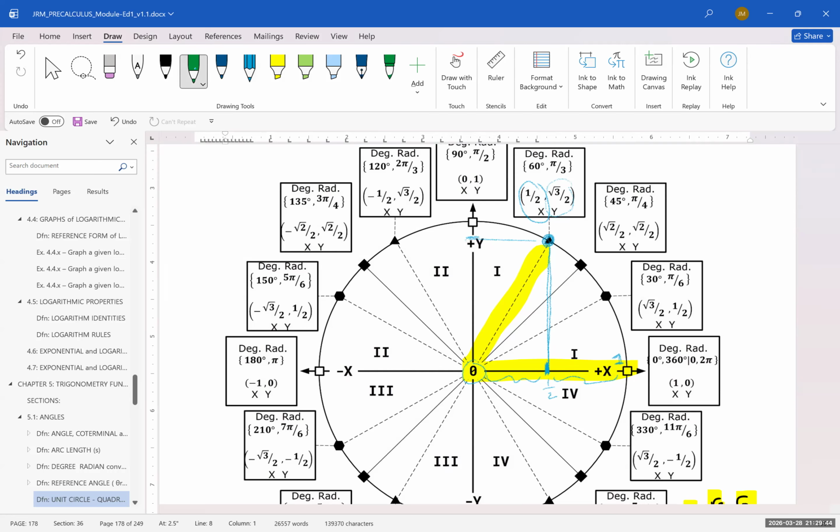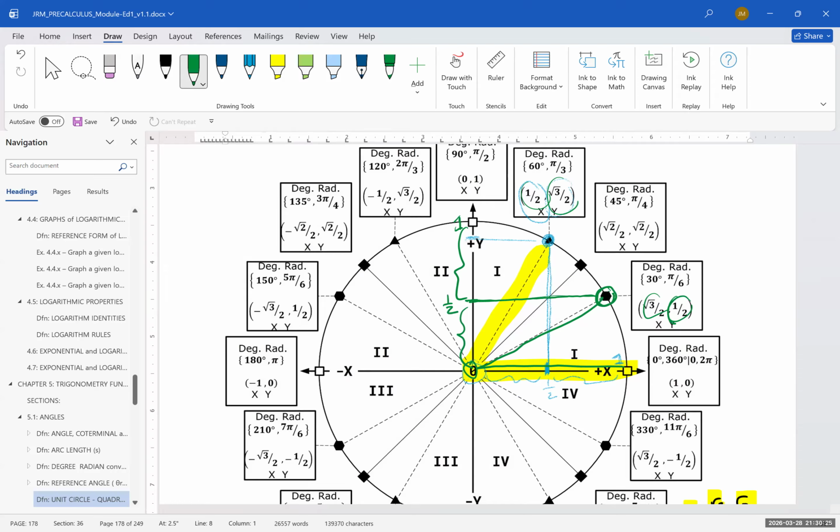Now watch what happens when we look at the other angle of interest that also has those same fractions, but those fractions are now reversed. Well, look what happens if we go to the y-axis. Where is it splitting the y-axis? It starts at 0, it goes up to 1, and you can see that where the y-coordinate is for this point, when you come over, it's hitting the y-axis at exactly halfway between 0 and 1.